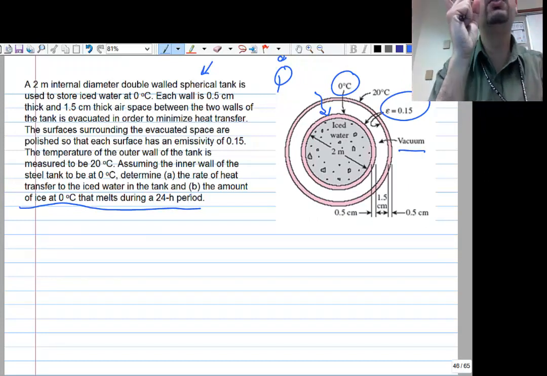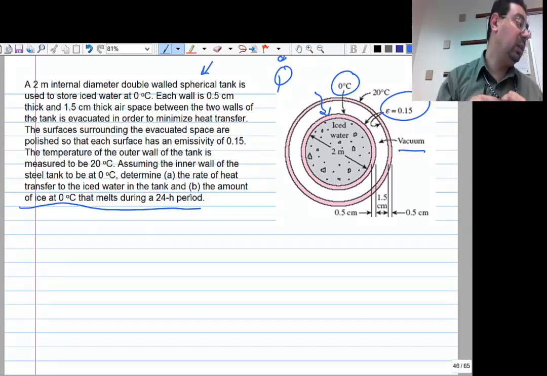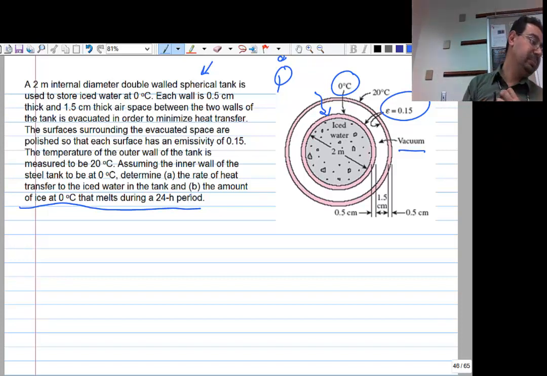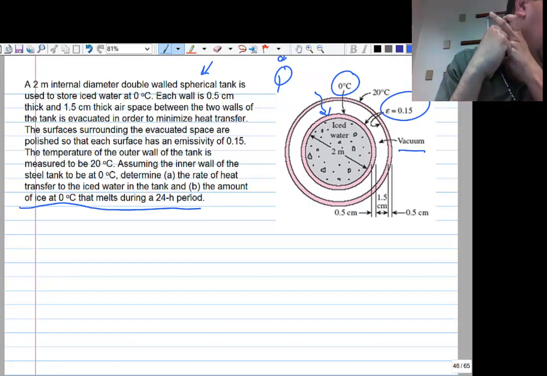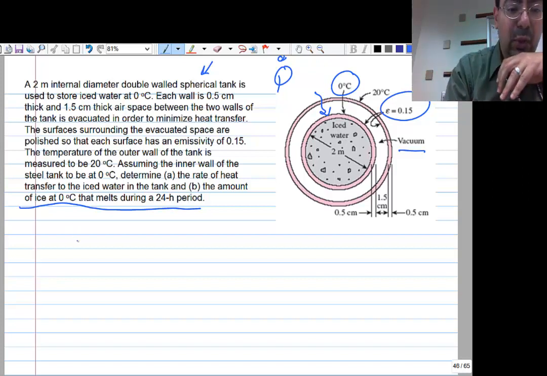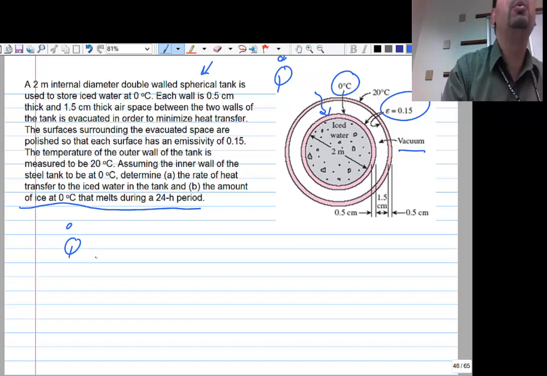But if he's changing his phase, if he's going from liquid to vapor or from solid to liquid, then he would need the latent heat, right? Basically the heat of fusion. So if I put my hand on the Q dot, that's how many joules per second.